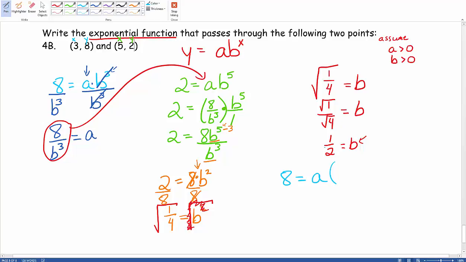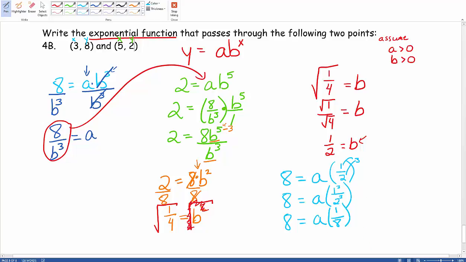Well, our b we have found out to be 1/2, and this is raised to the 3rd power. So then 8 is equal to our a value times, really this is 1 cubed and 2 cubed. So we end up with 8 equals a times 1 cubed is 1, 2 cubed on the bottom is 8.